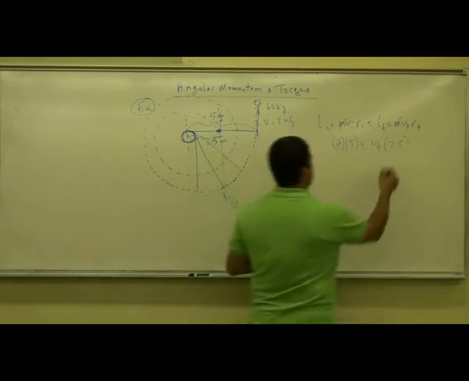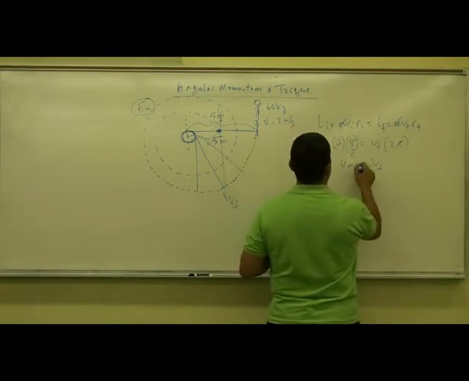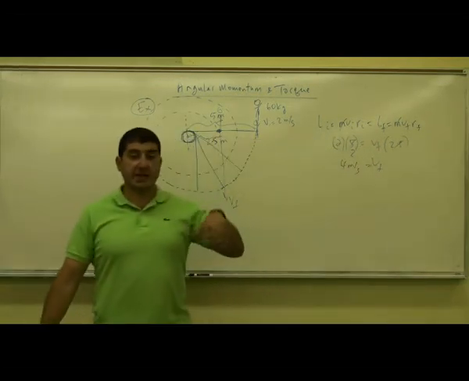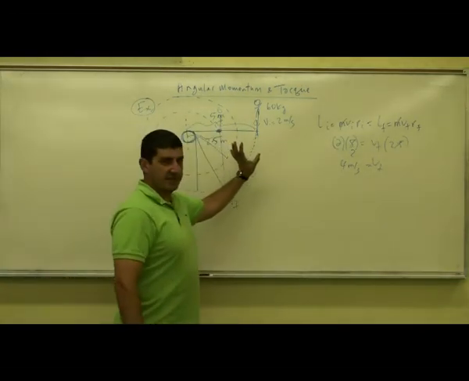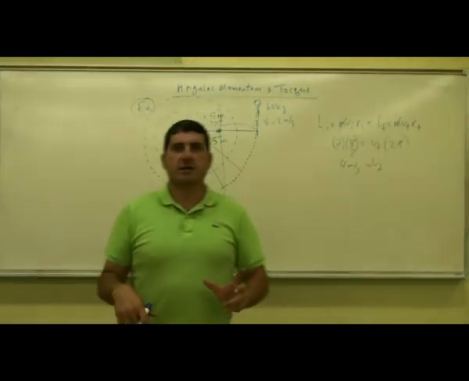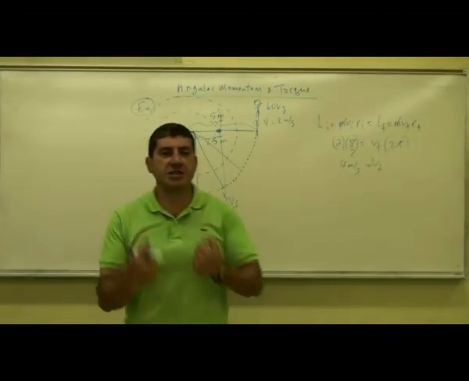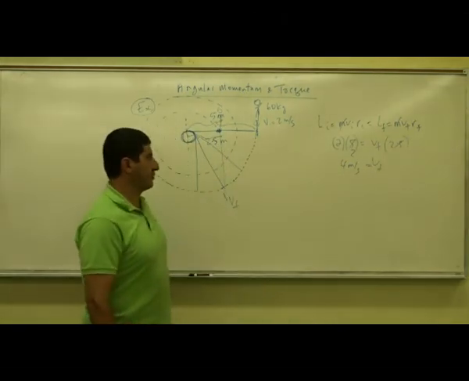Right? So v final is 4 meters per second. So the unsuspecting problem solver, looking at the previous problem about the mass going around, is going to be lured into the trap, and he's going to say v final is 4 meters per second.